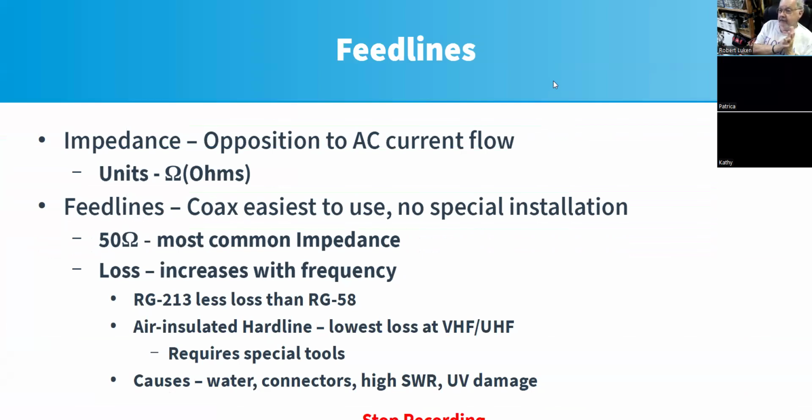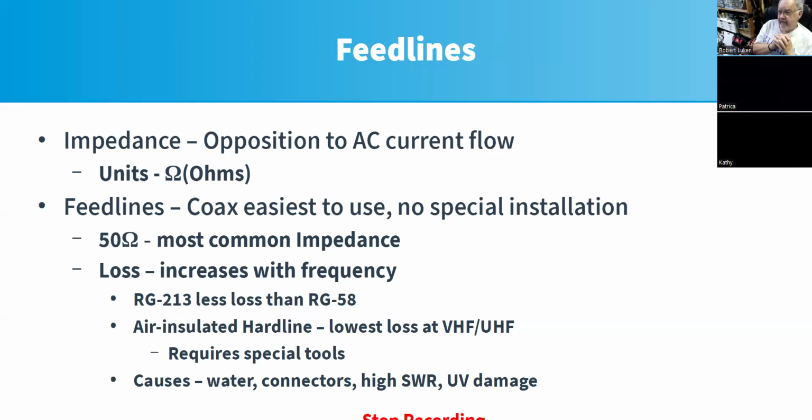In order to connect to your antenna, you need what we call a feed line. Your feed line is typically going to be made out of coax. Normally in amateur communications, it's going to be a 50 ohm coax, which is the most common.